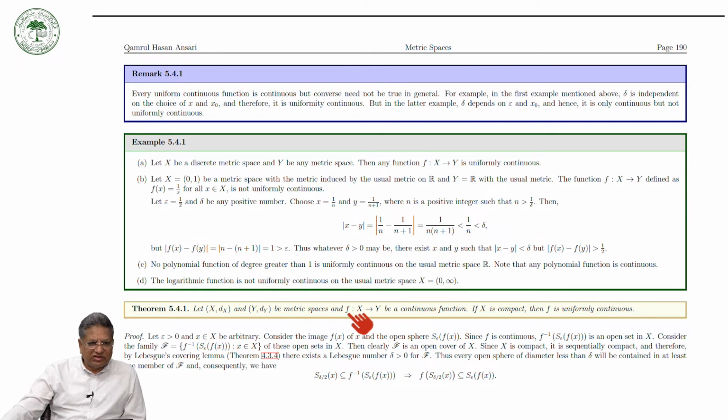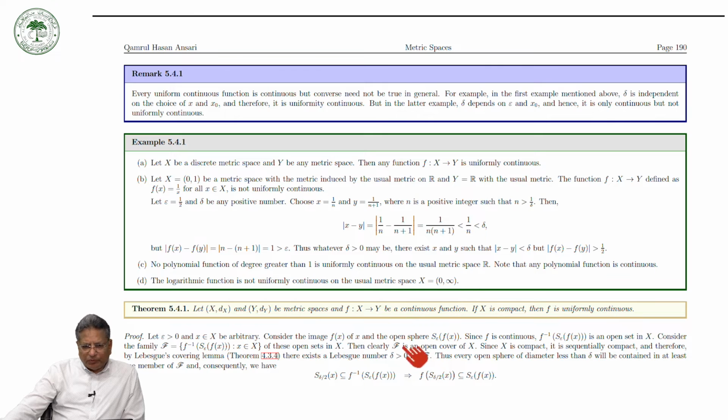Now you can see that here in this case X is equal to the open interval 0, 1. So this is not a compact space, so we did not get the uniform continuity. Of course, here this function is also not compact, so we did not get the uniform continuity.